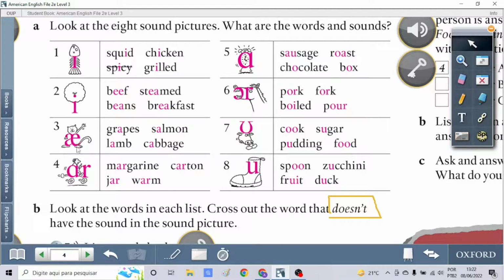In number 3, cat, so please cross the word out that doesn't have this sound.